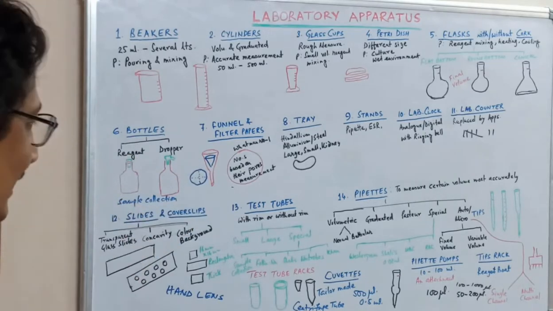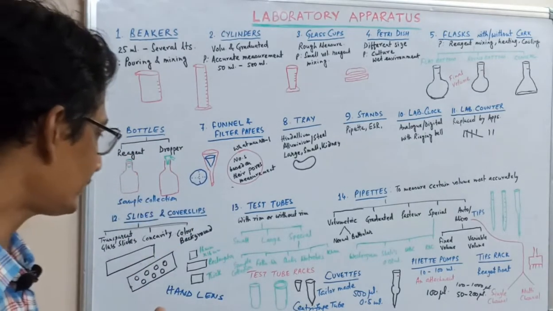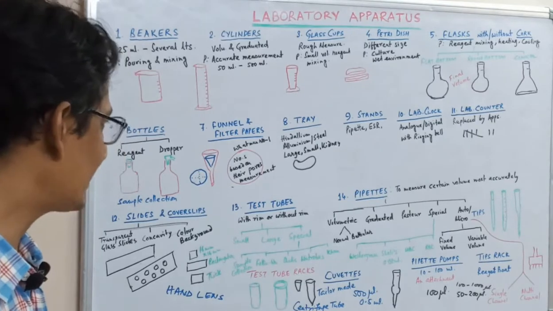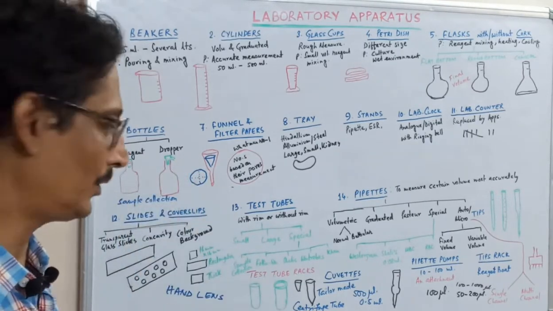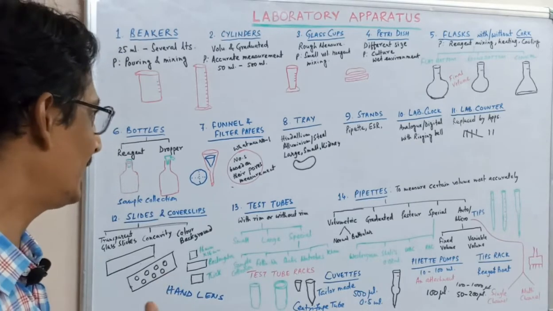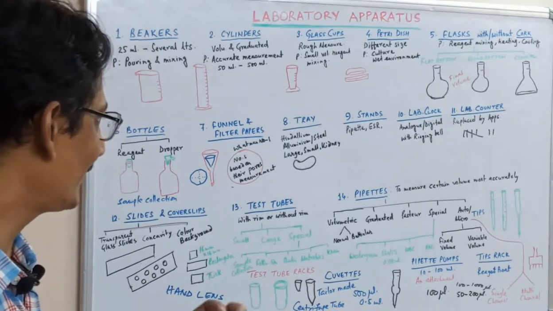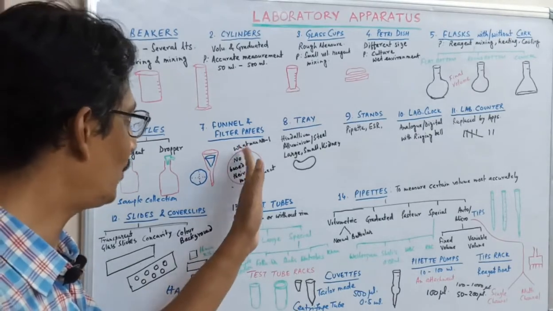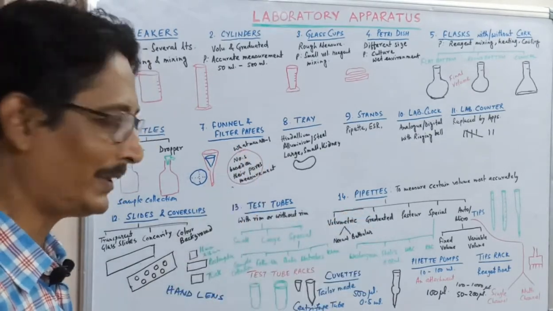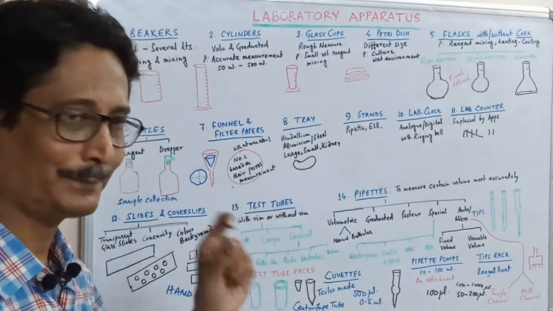Now the filter papers are the most essential part of our laboratory. In the laboratory grade, mainly the medical laboratory grade, there are filter papers with unique numbers. Commonly we use Whatman number 1. Whatman is the brand name, and number 1 is the unique number.